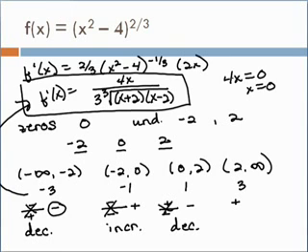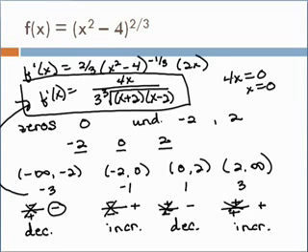The numerator will give me a positive 12. In the denominator, 3 plus 2 is positive and 3 minus 2 is positive. Positive times positive is positive, and the cube root is positive. So it's increasing on that interval because the derivative is positive.